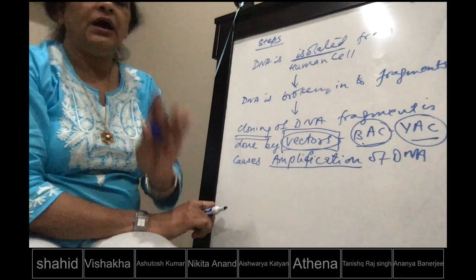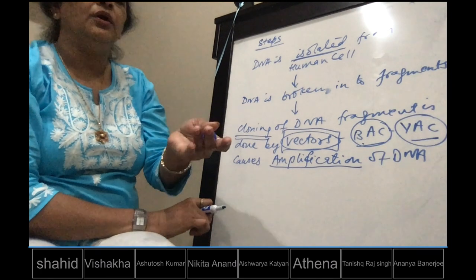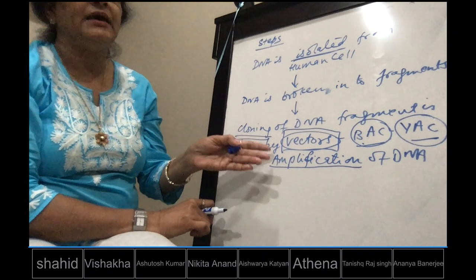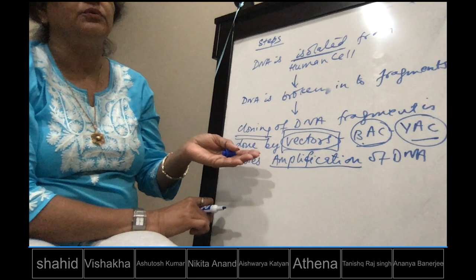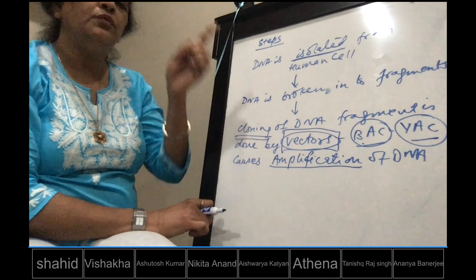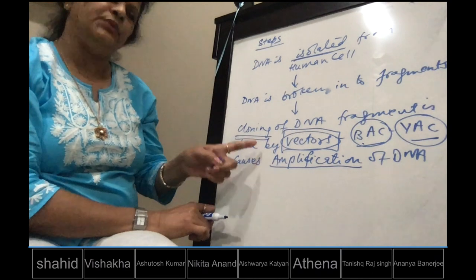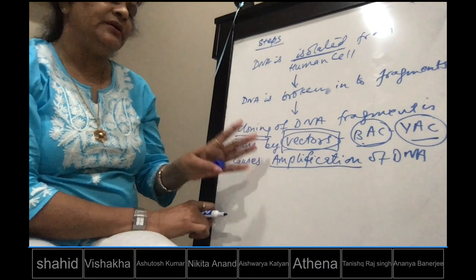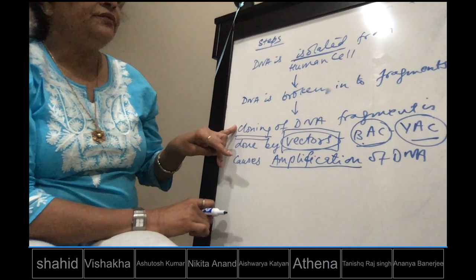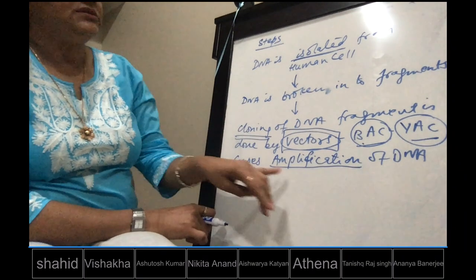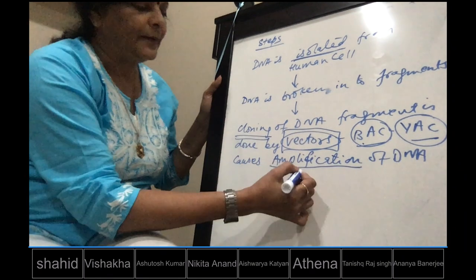The other things, when you study biotechnology, like I said, isliye I didn't want to go into detail, but it is there in your portion, so I'm explaining to you. But if you understand the biotechnology chapter, then you will be more able to relate to this. Anyway, I have to explain to you, so I'm doing it. So cloning of DNA fragment is done by vectors BAC and YAC, and causes amplification of the DNA.